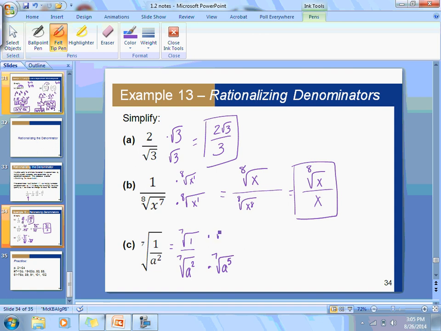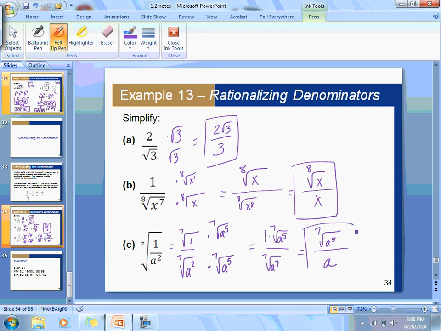If I do that to the denominator, I have to do that to the numerator as well. So now my denominator is really going to be the 7th root of a to the 7th, which is just a. And in my numerator, I have 1. The 7th root of 1 is just 1. And then I have the 7th root of a to the 5th. I can leave it that way.